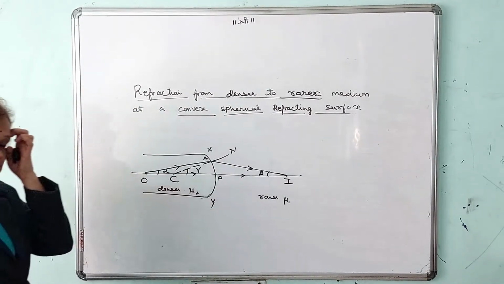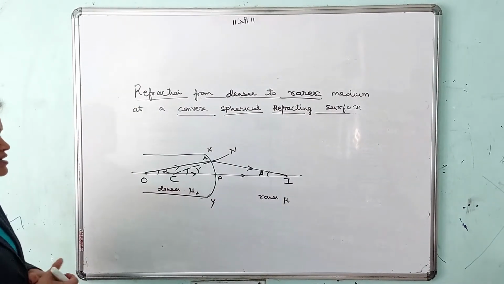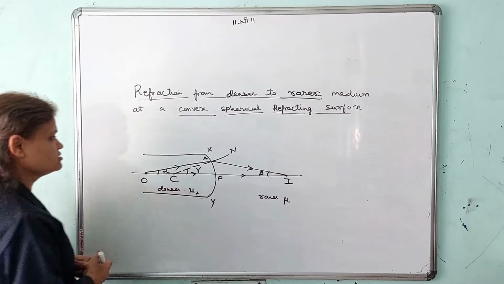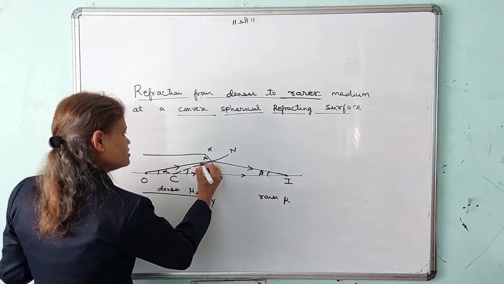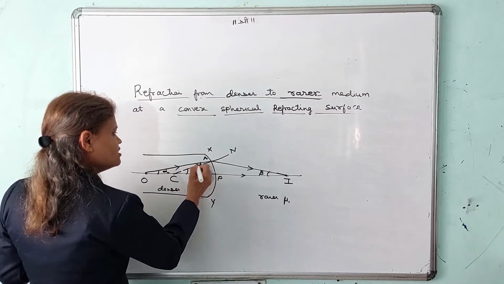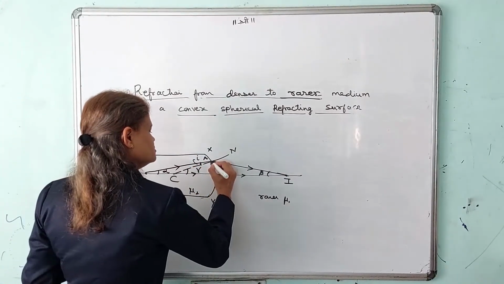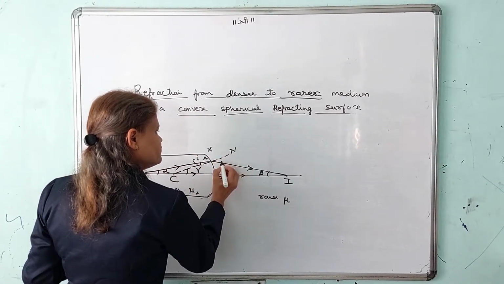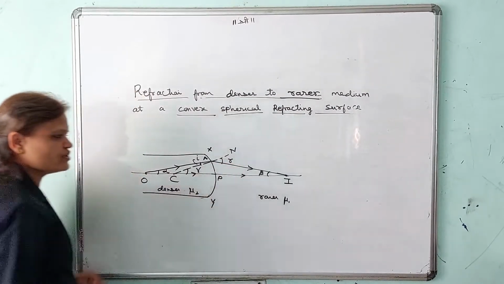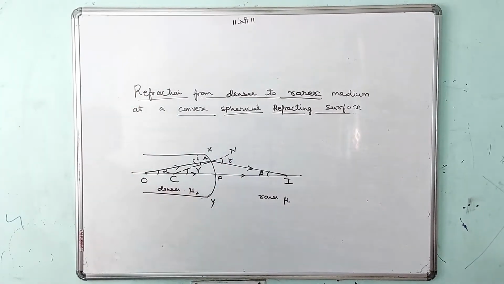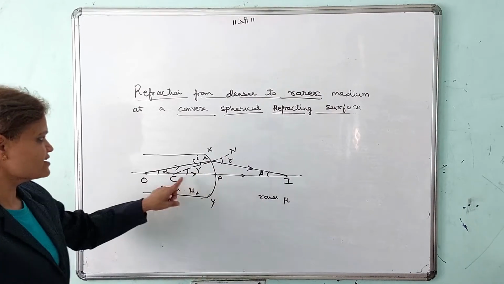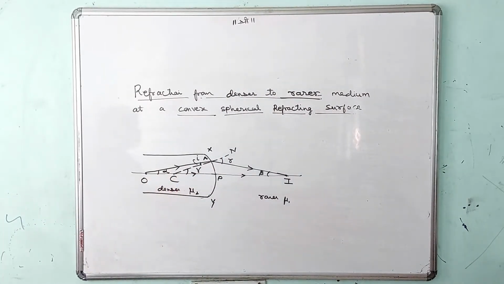Now we also have to mark the angle of incidence. This is angle of incidence i. This is angle of refraction r. Please draw this r and gamma carefully. You should not get confused.